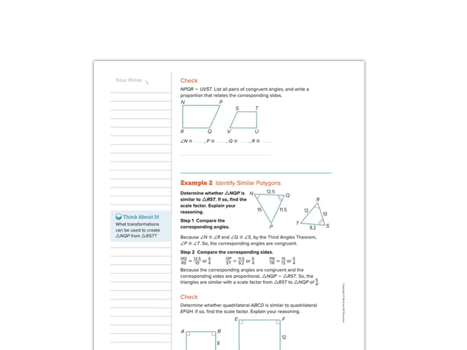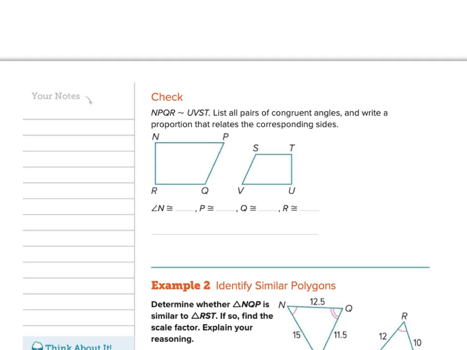So here, looking at this, we go NPQR, and then we go UVST. So I know then that angle U should be congruent to N. Angle P should be congruent to V. Q should be congruent to S. And then T should be congruent to R. I was able to figure out where it's at in my shape, but N, U, P, V, Q, S, R, T, those are what correspond.